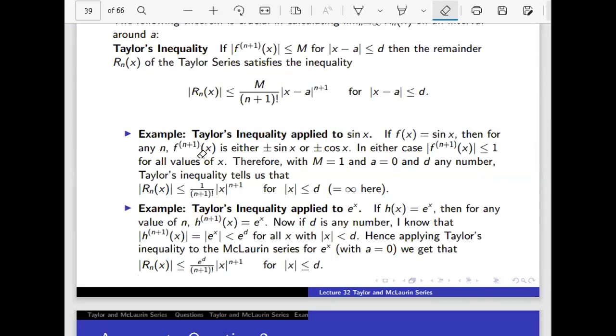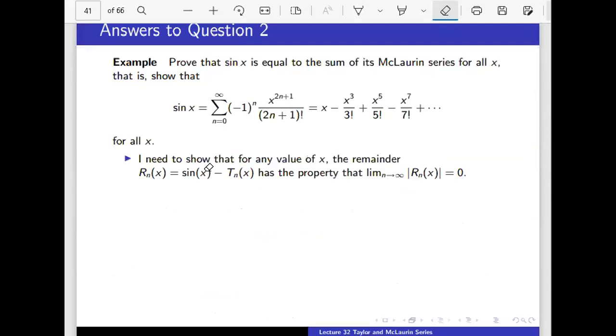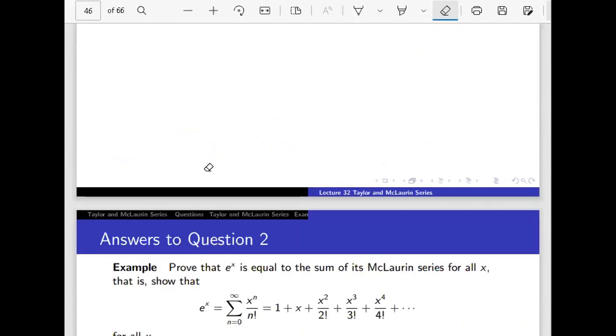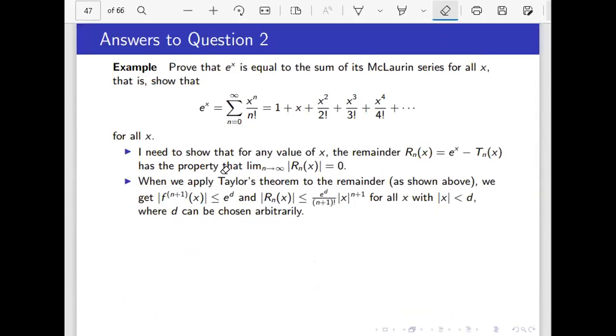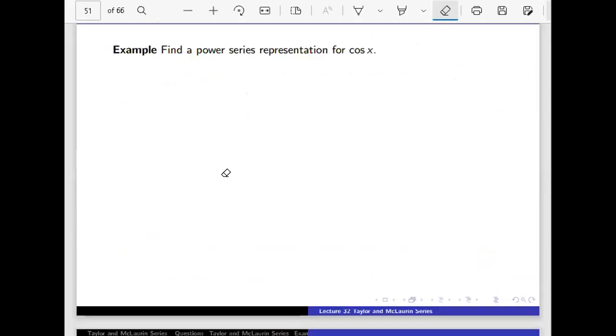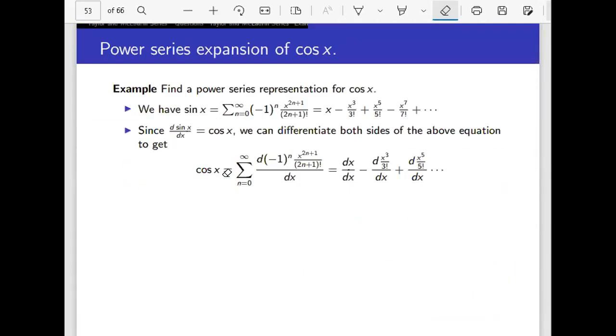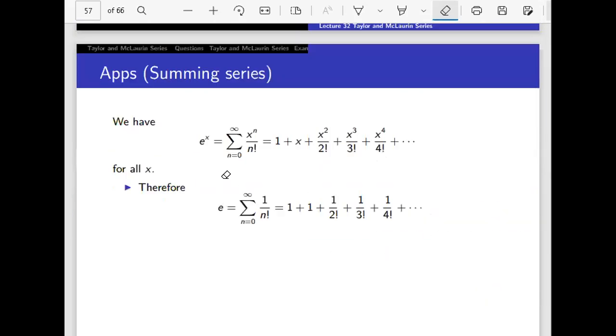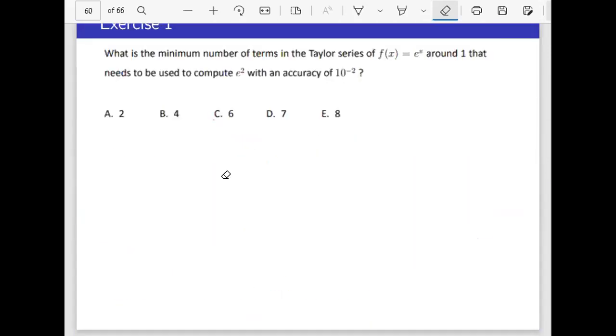Let's do a small question to understand that concept. I'm not sure whether you have done this one before.